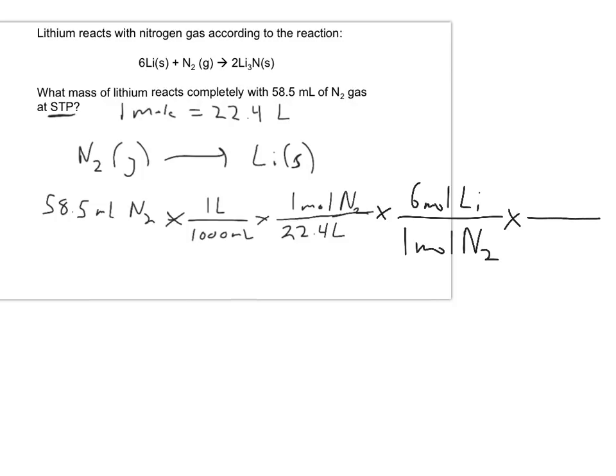Solve the periodic table for the molar mass of lithium. 1 mole of lithium weighs 6.941 grams. Units cancel, left in grams of lithium.